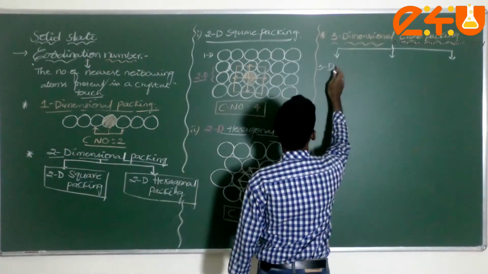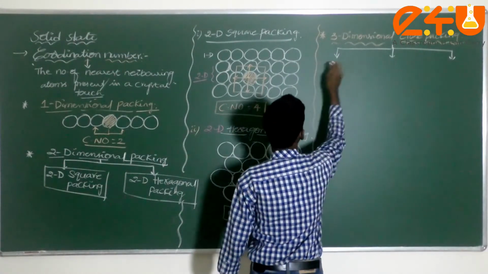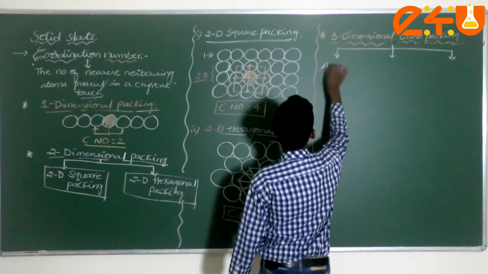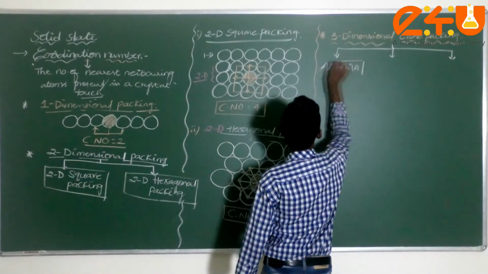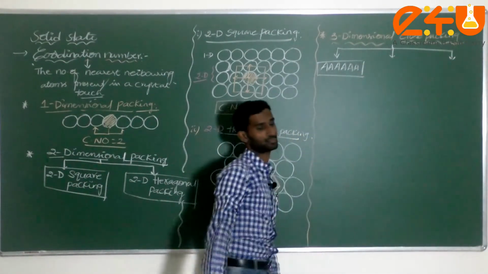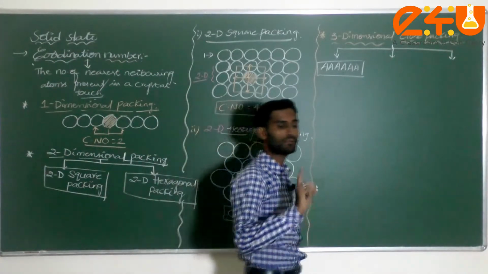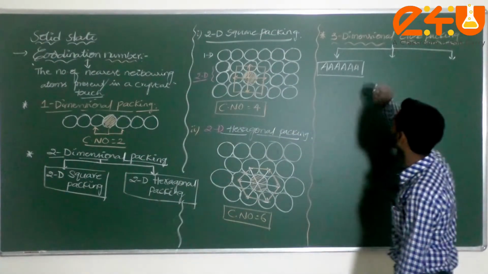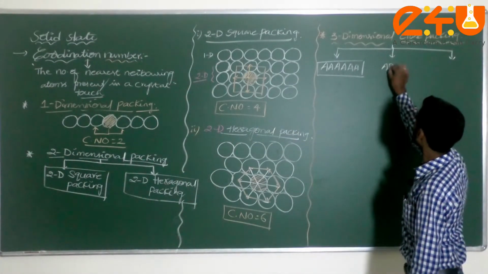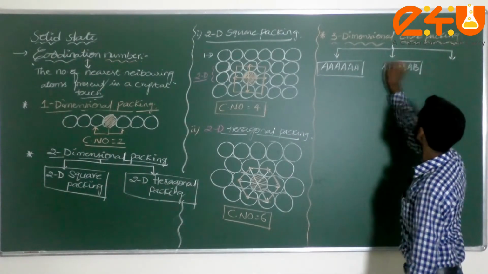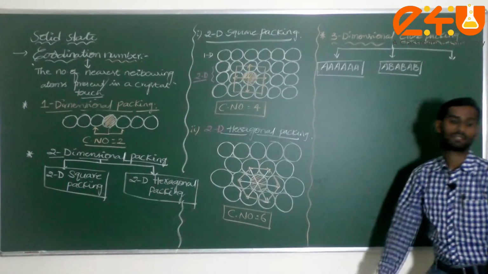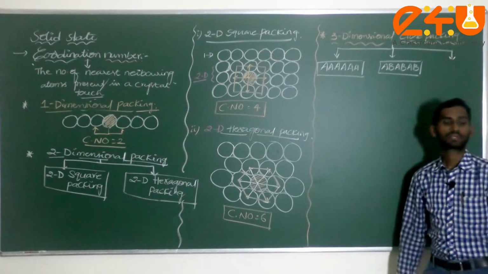In that 3-dimensional, what are the types that will come, you have to check it here. AA is the first type, dear students. Next one comes under AB. This is called the second type of close packing.